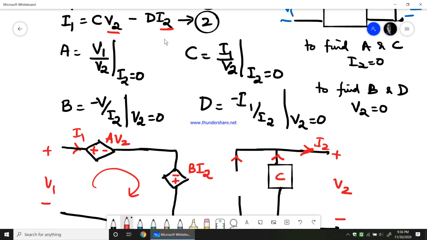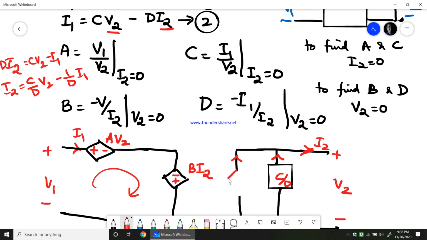If I try to write what I2 equals in this equation, D into I2 would be equal to C V2 minus I1. So I2 would be equal to C by D into V2 minus 1 by D into I1. Both are entering, so this should be C by D, and C by D into V2 would be the current across this particular branch.